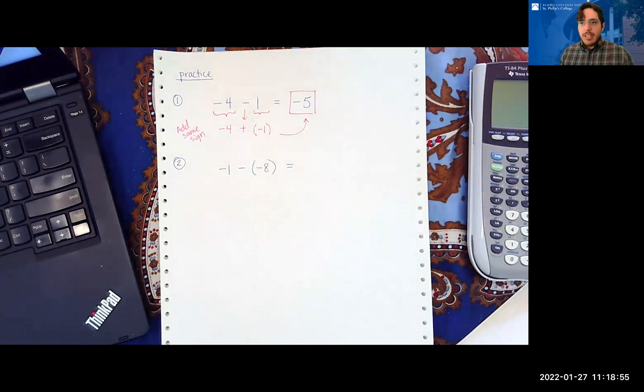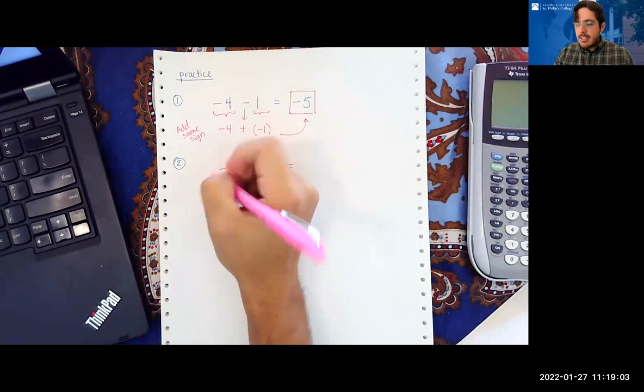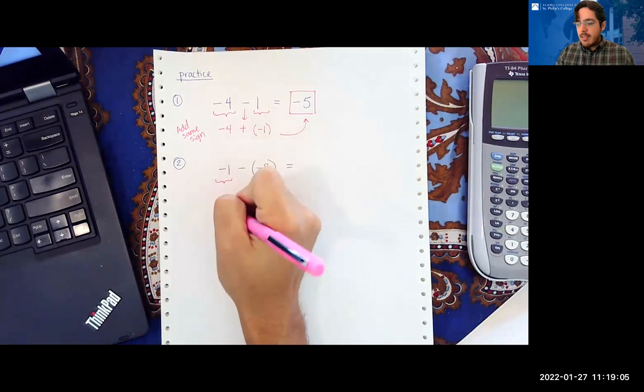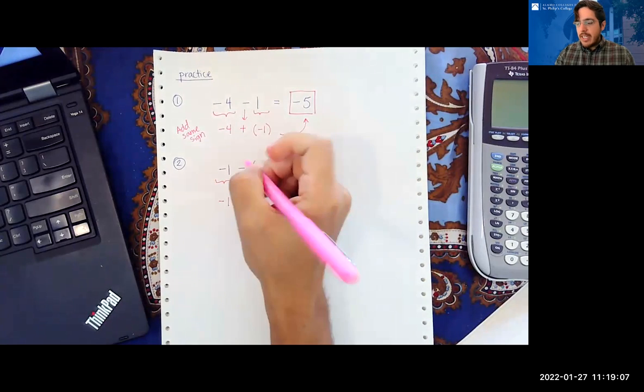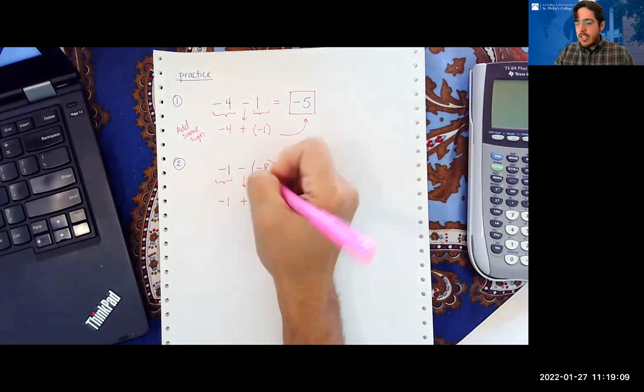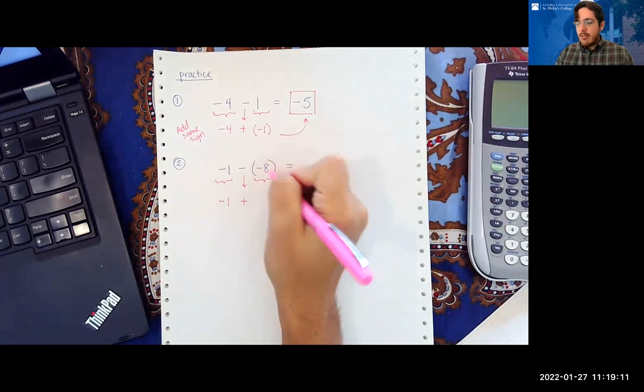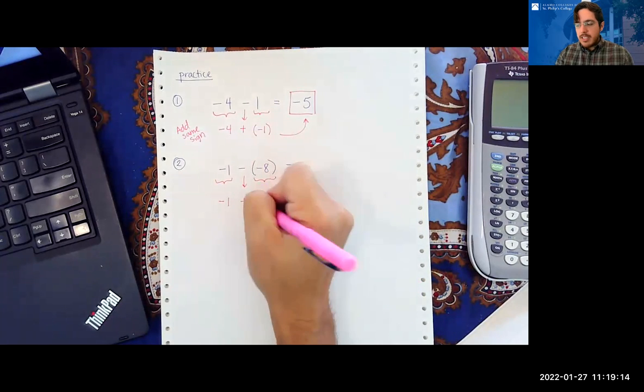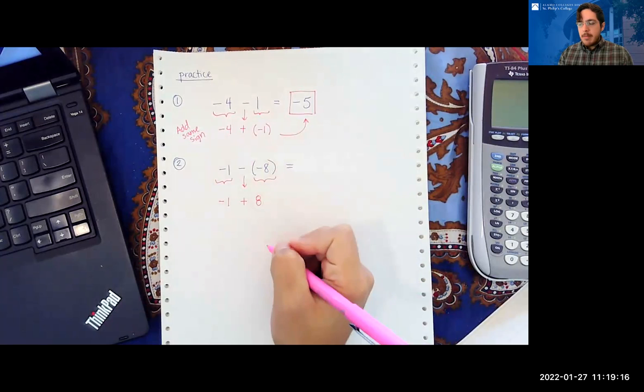And that might be a rule that you remember from a previous math class, but it's essentially the same thing that I've been saying about keep, change, change, right? We can keep this number the same, negative 1, we'll change to addition, and then change to the opposite of negative 8, which is positive 8. It should be positive 7, right?